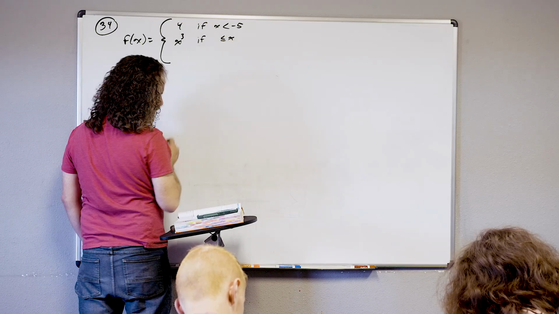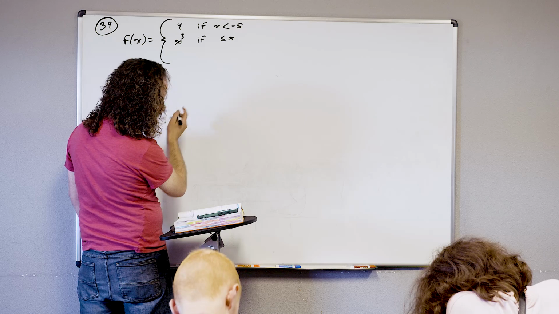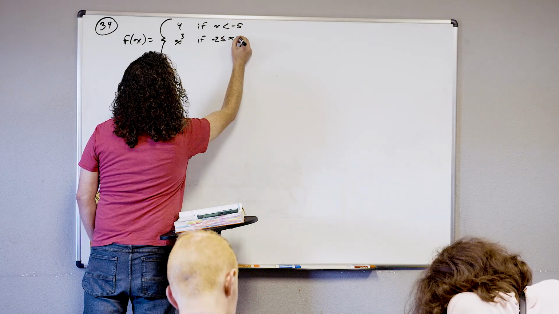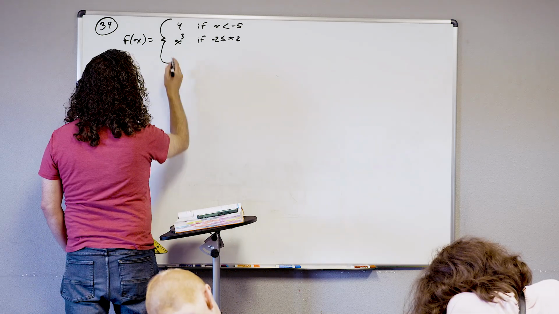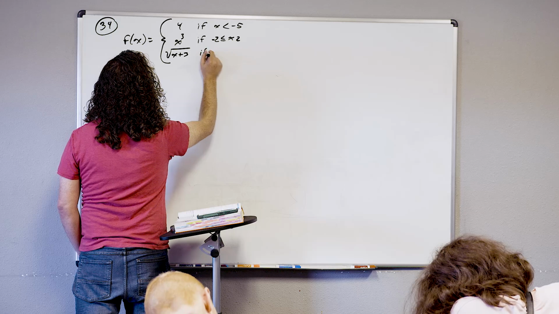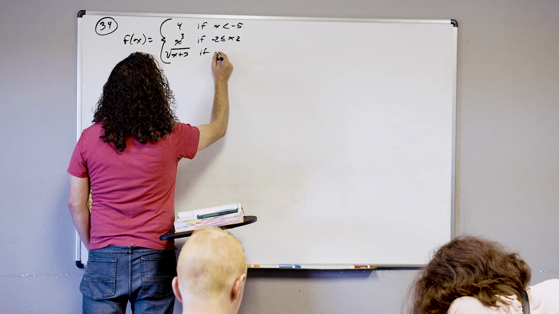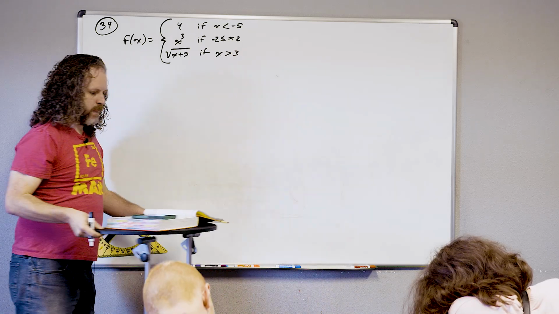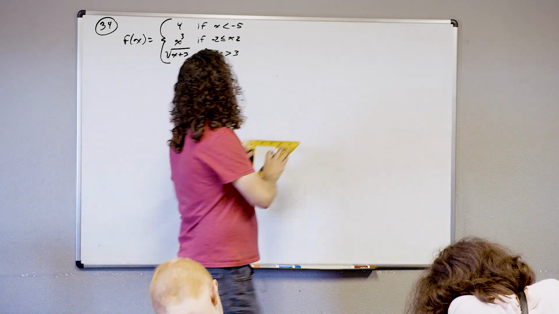Oh, that's an even more exciting piecewise function, because precalc. And it's the square root of x plus 3 if x is greater than 3. All right, we have 3 pieces to this piecewise function.